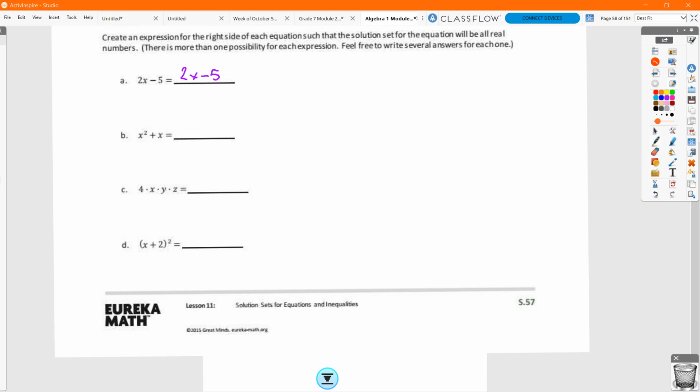Like for example, x squared plus x. You can do two things. You could do x squared plus x, but I like the idea of doing x plus 1 times x. Okay? Those are equivalent expressions. And I'll be glad to explain to you why tomorrow if you want to know. Okay? 4 times x times y times z.